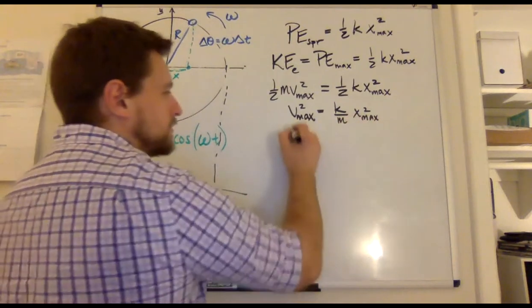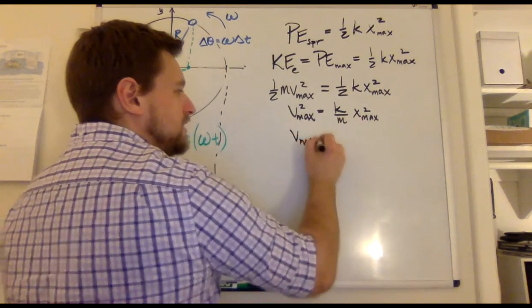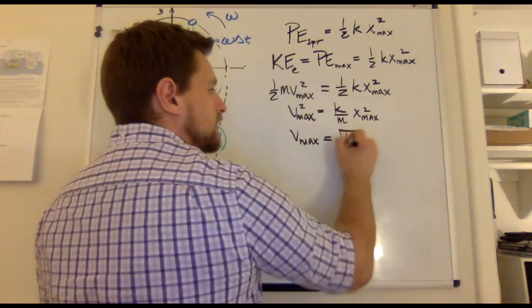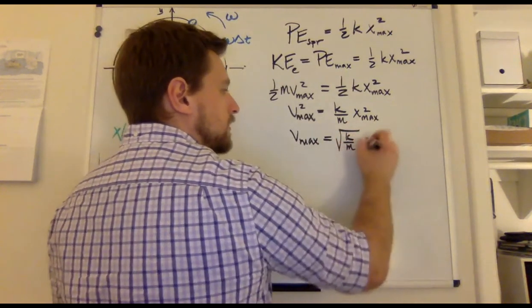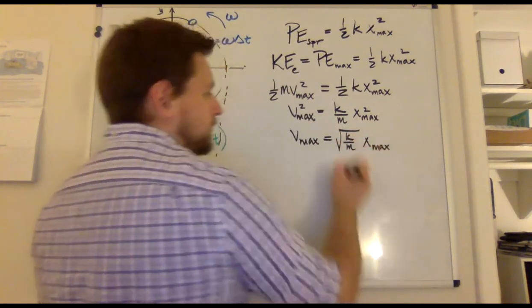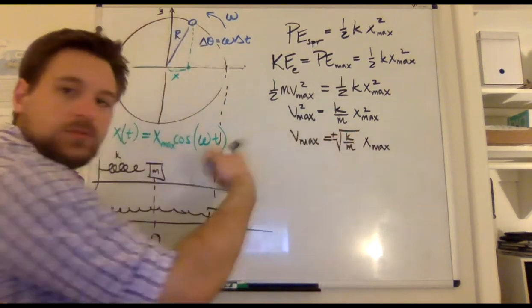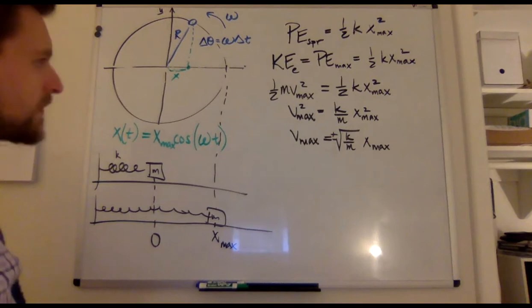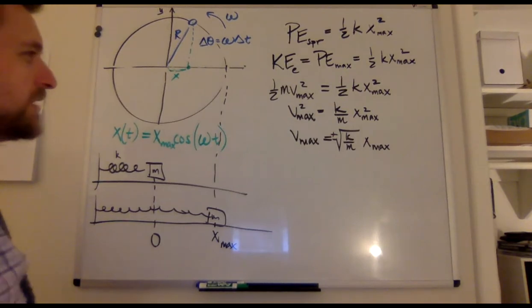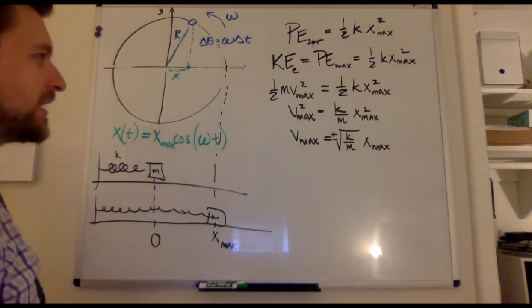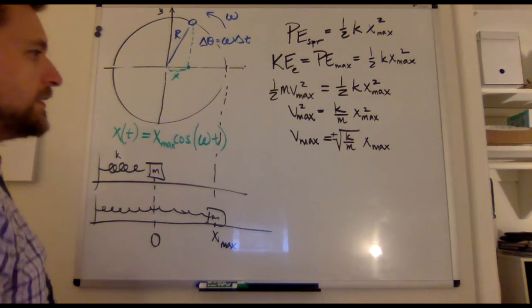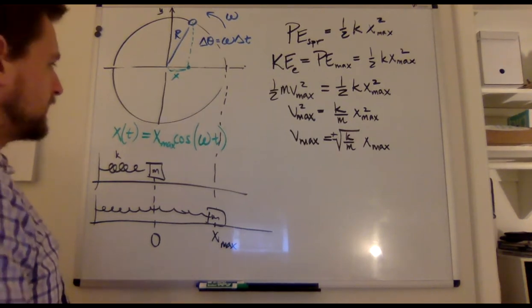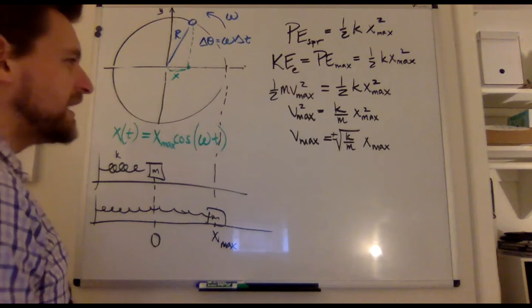We can take the square root. The maximum speed we're going to be able to have is the square root of k over m times x max. I guess plus or minus. We could be going one way or the other way, right? Still not really sure how that lets us talk about omega.